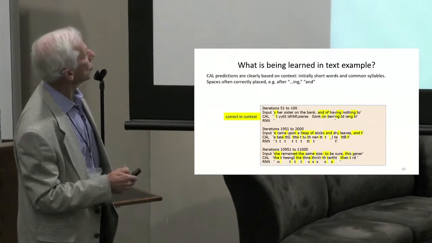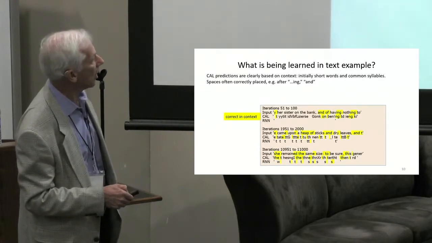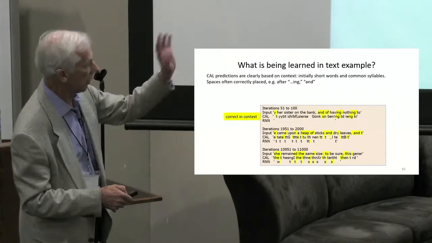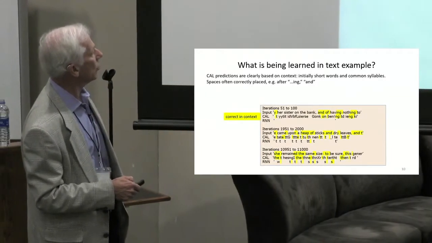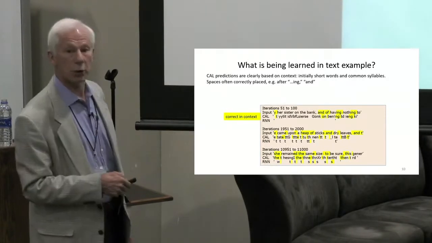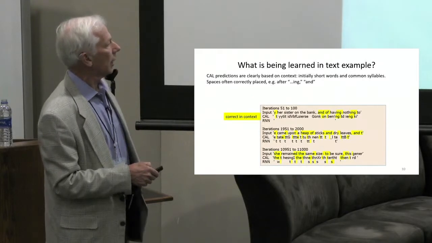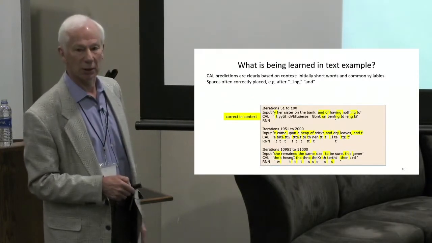So Cal predictions are clearly based on context. That is, it's starting to learn short words and ing, the sort of ending of the common words. Whereas the recurrent neural network sees mostly spaces. There's 18% spaces, so it gets to 18 or slightly more by predicting nothing but spaces.